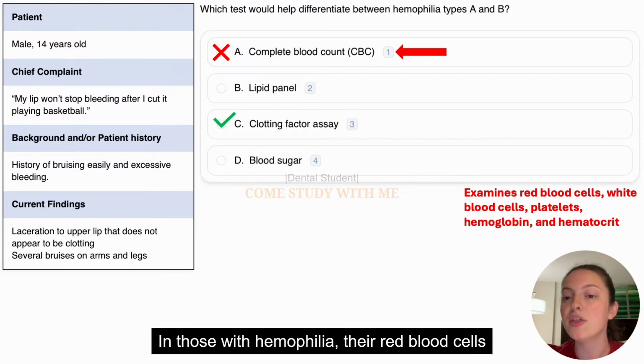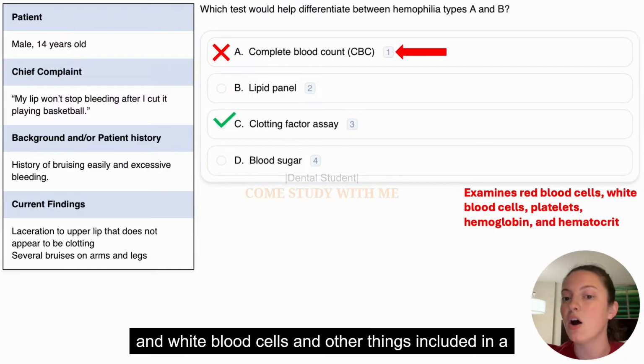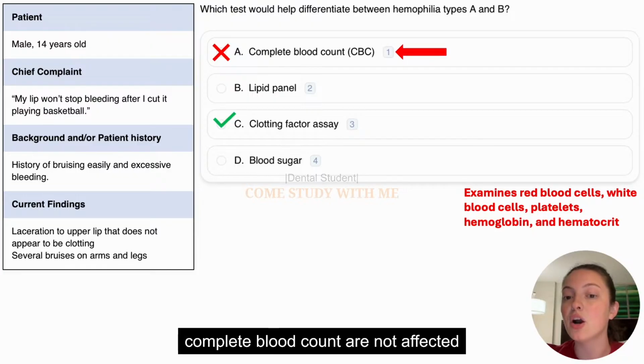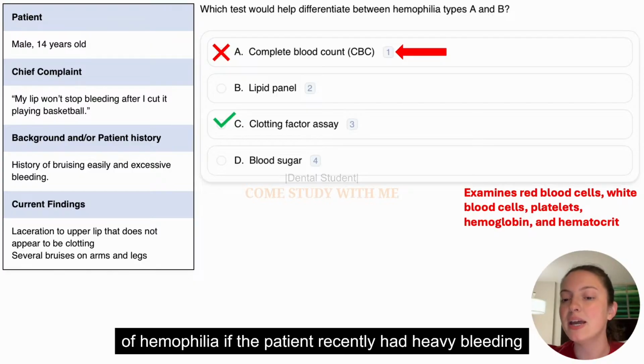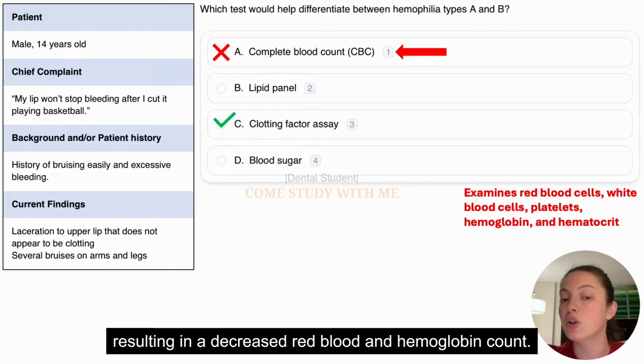In those with hemophilia, their red blood cells and white blood cells and other things included in a complete blood count are not affected because the specific protein factors necessary for clotting are what are defective. A complete blood count would only really show evidence of hemophilia if the patient recently had heavy bleeding, resulting in a decreased red blood and hemoglobin count.